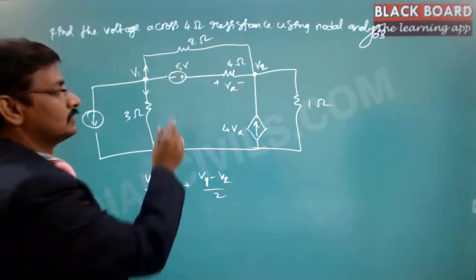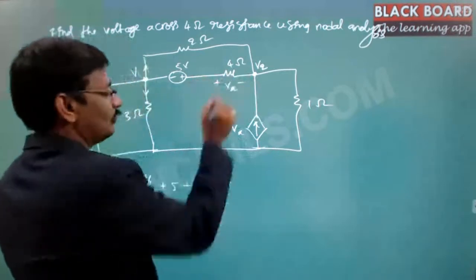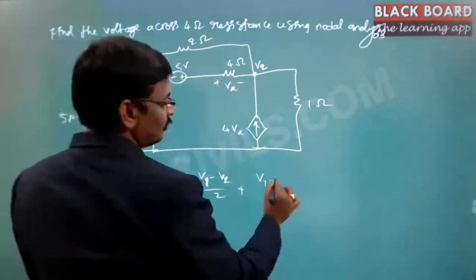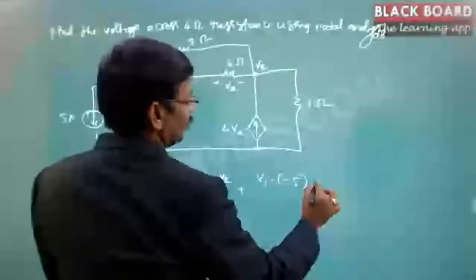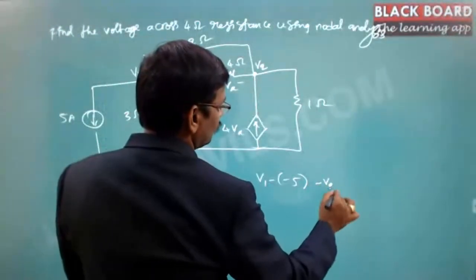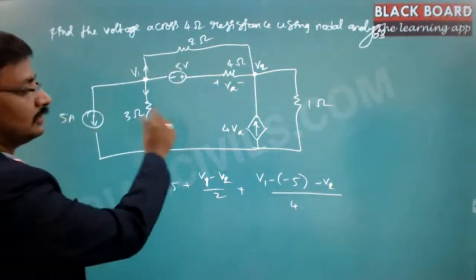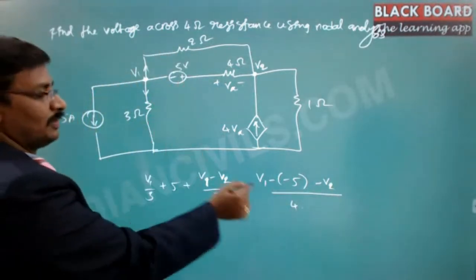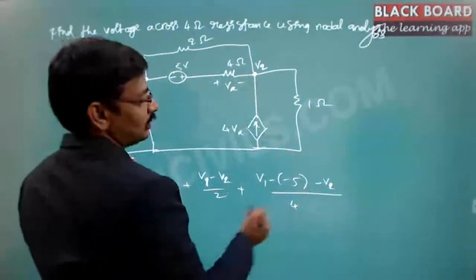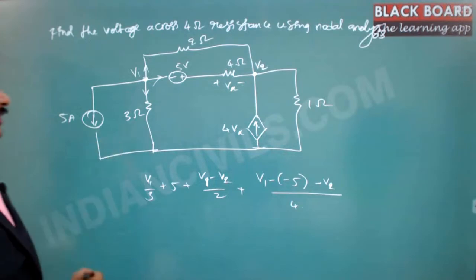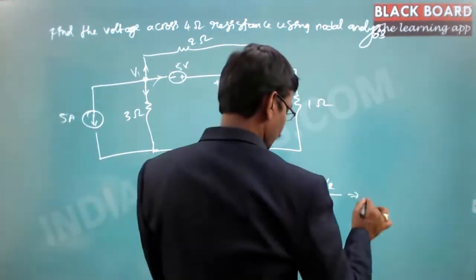If you combine this voltage source and write the overall equation, then this is V1 minus of minus 5, and then minus V2, divided by 4. So minus of minus 5 is going to be plus 5, and minus V2 divided by 4, that is the current that is passing in this branch. So this is the equation that we write for the overall network.